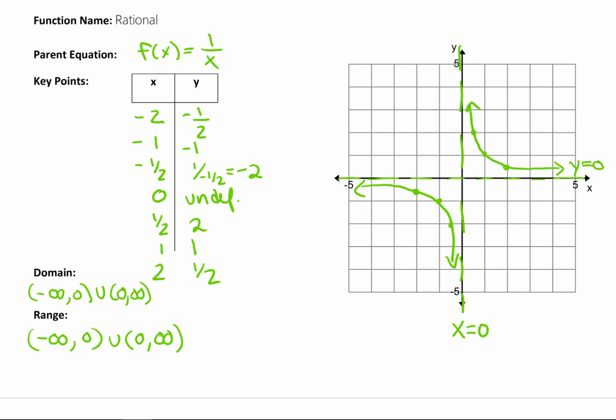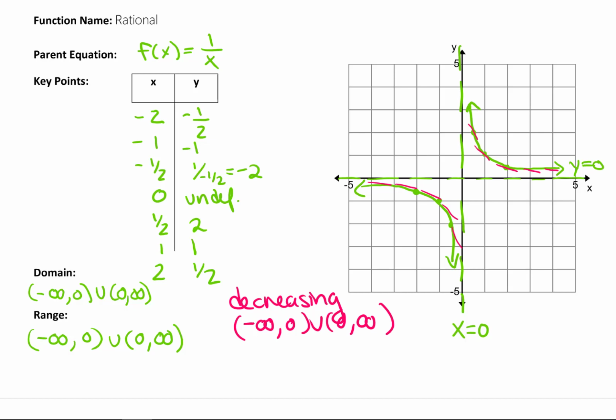For increasing and decreasing, the slope along these lines are actually all downward sloping. I'm just doing tangents along that green line, but they're all downward sloping, so it's actually decreasing from -infinity to 0, and from 0 to +infinity. So the whole thing is decreasing.